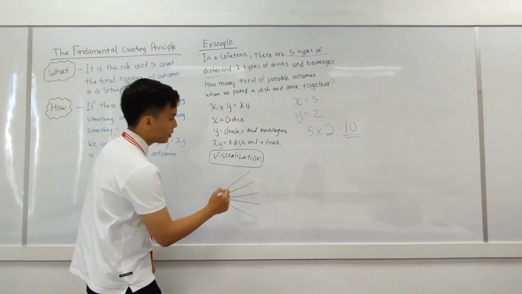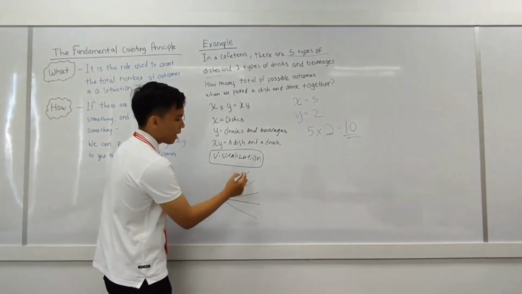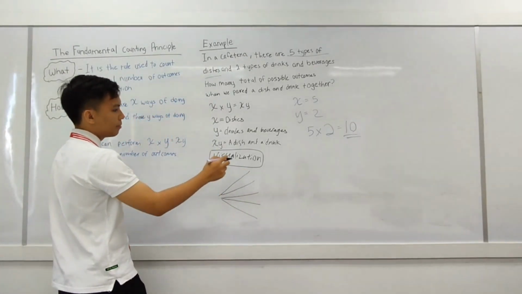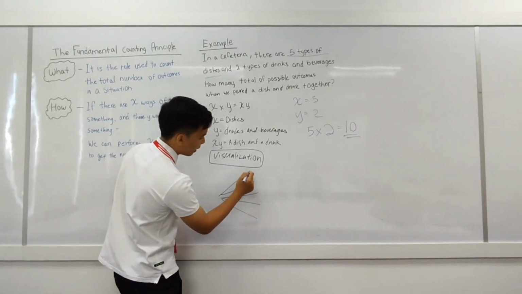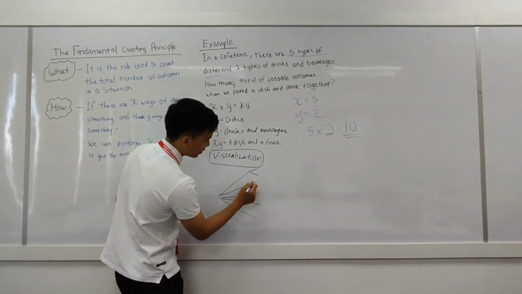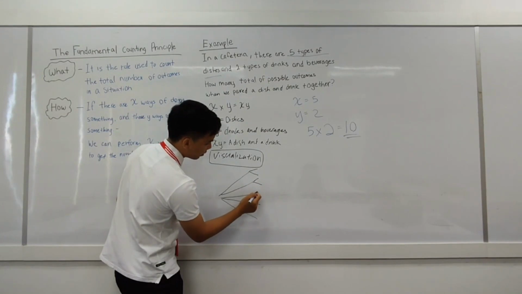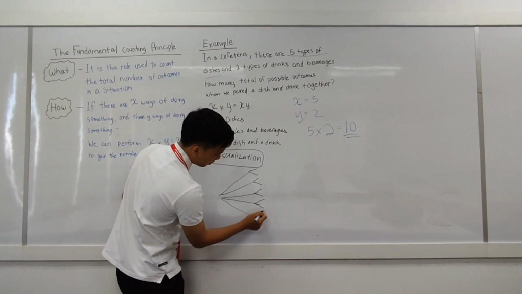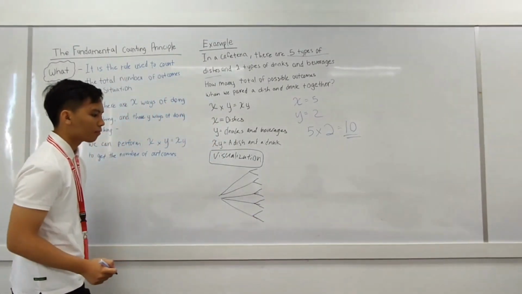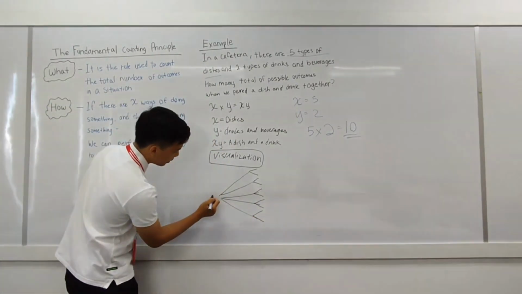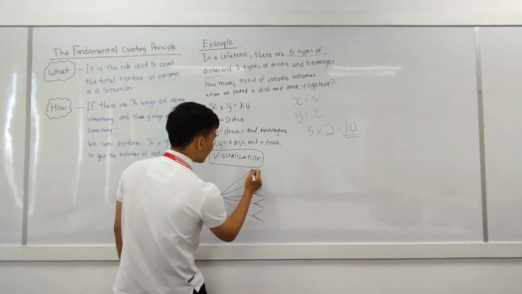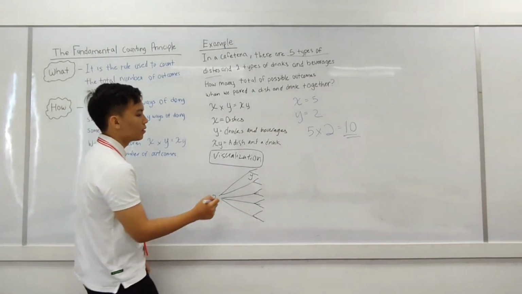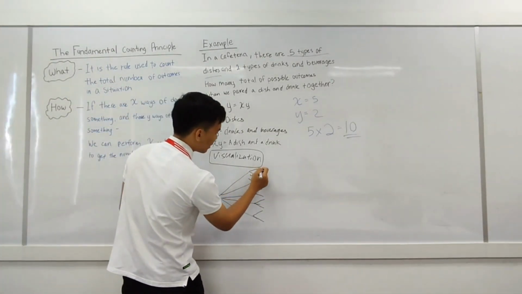We have 2 types of drinks. So every dish will have the possibility of pairing up with each drink. So we have a branch, 2 drinks. So this is X and this is Y.